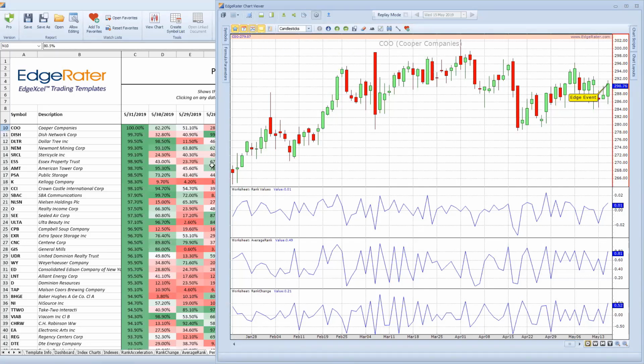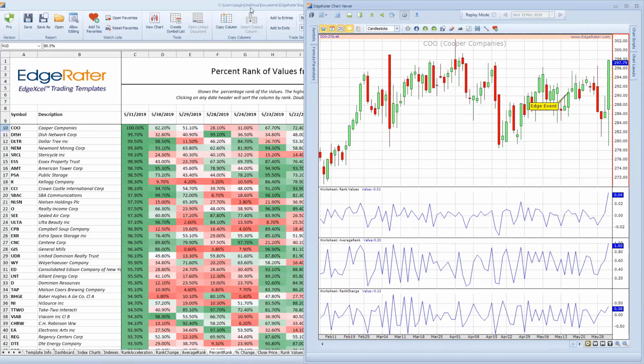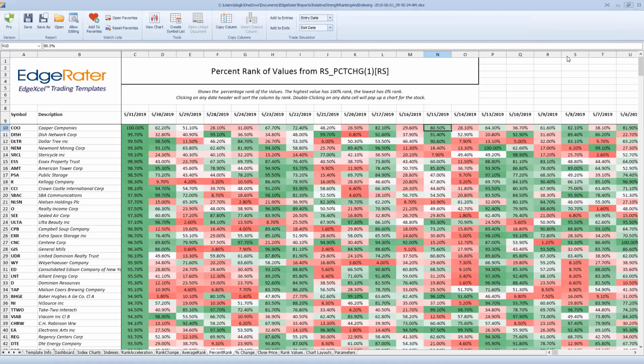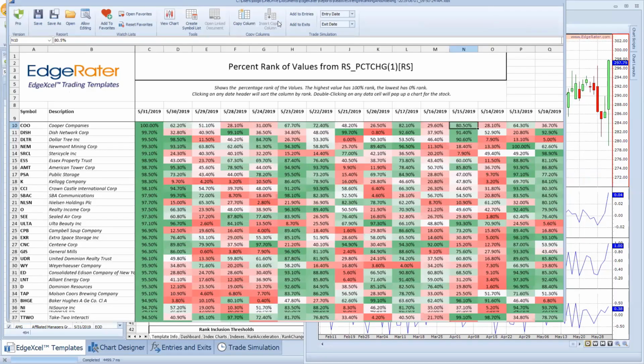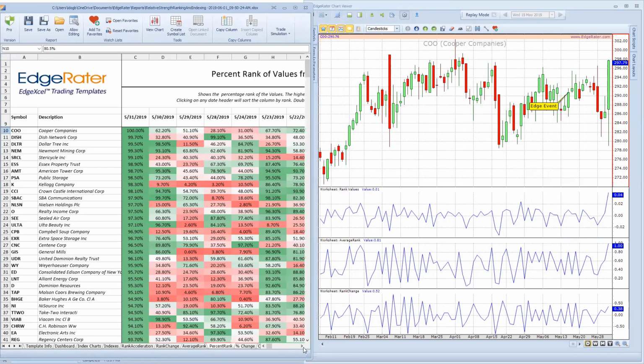So whenever you're clicking on something inside a template, or a report, I should say, that's produced from a template, it's going to try and show you the context of that, the cell, the information that you clicked on. And that applies to most reports in the program.